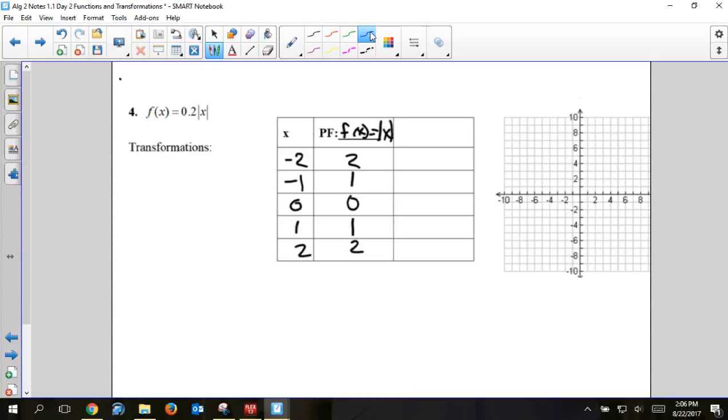Is it add, subtract, multiply, divide? Multiply. Right, we're going to multiply. So we're going to take each of these y values, and I forgot to graph the original. I'll go do that in a second. We're going to multiply each of those by 0.2. I'm going to graph my original one over here real fast.